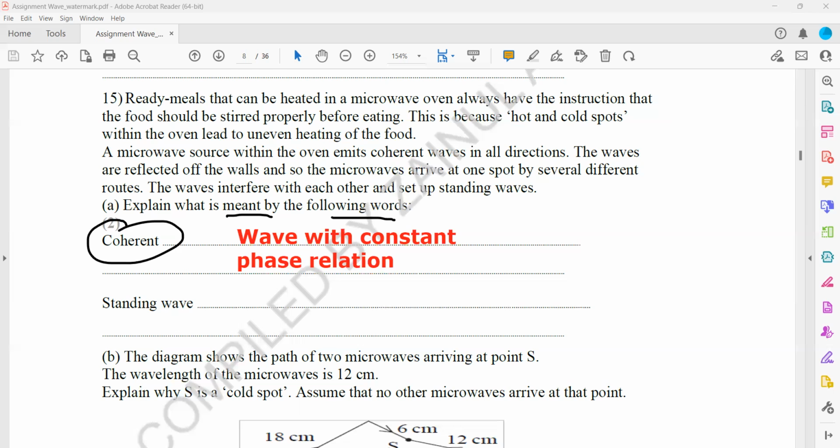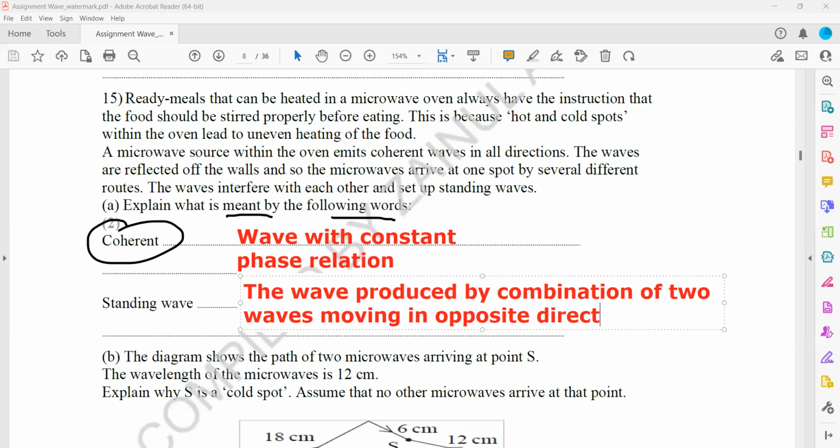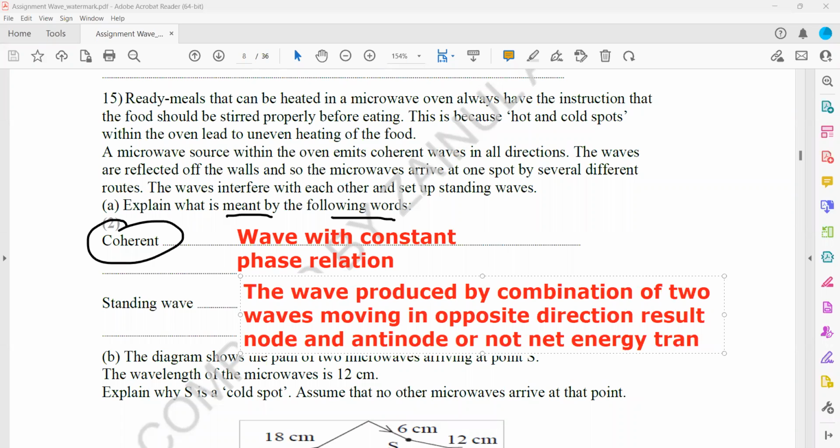It is produced by the combination of two waves traveling in opposite directions, resulting in nodes and antinodes, or no net energy transfer. That is known as the standing wave.